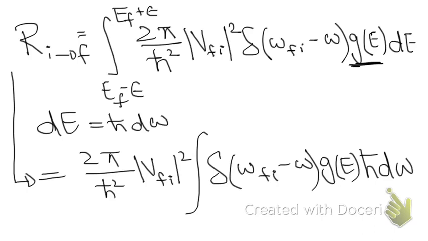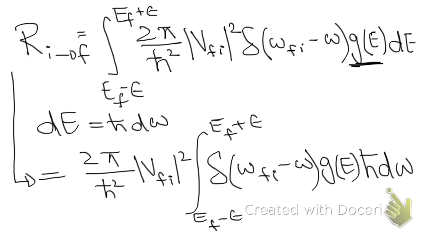And the limits are going to be the same, EF minus epsilon, actually, and EF plus this epsilon.